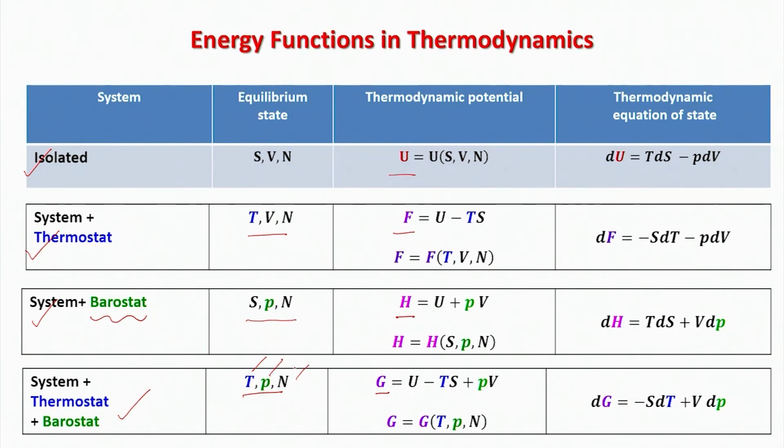Therefore, if I want to carry out any change in state, and I maintain these systems to be closed systems, in that case, I understand that I will change the value of S from a given equilibrium state to S plus dS, and I can also change V to V plus dV.